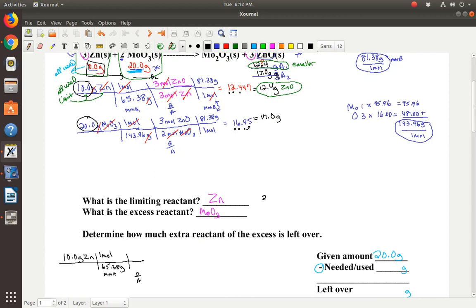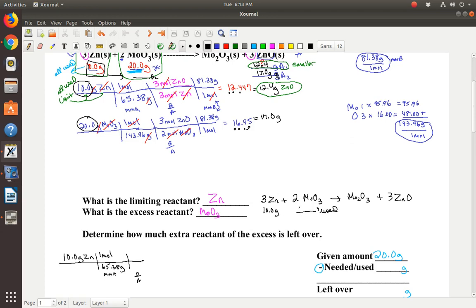We have 3Zn plus 2MoO3 yields Mo2O3 plus 3ZnO. Okay, so basically I'm starting at the 10 grams here and I'm figuring out how much is used.